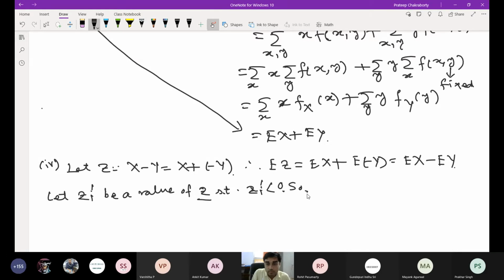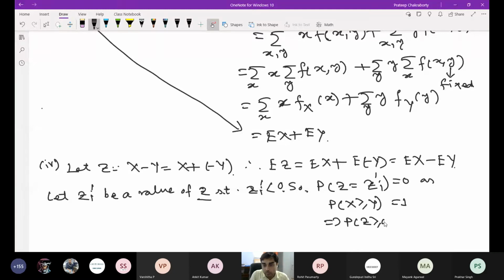Z is a discrete random variable, and zi prime is a value of Z less than 0. So P(Z equal to zi prime) is 0, as P(x greater than or equal to y) equal to 1 implies P(z greater than or equal to 0) is equal to 1. So if something is negative, that probability is 0. Okay, is this fine? Any question here? Is this okay to all of you?